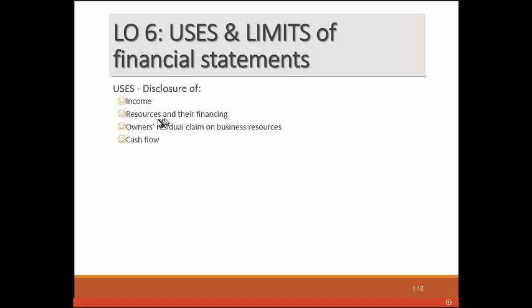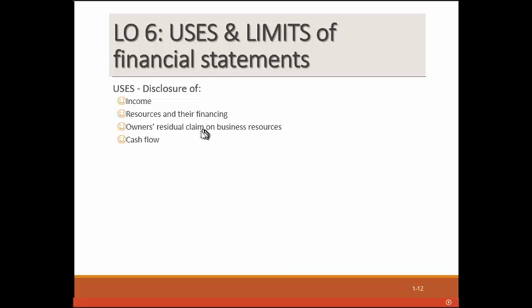In addition, the financial statements show the resources or assets that the company has to generate its income, and secondly, how the company financed those long-term assets. Was it through debt or was it through stock? Third, financial statements show the owner's claim, known as a residual claim, on business resources or business assets.